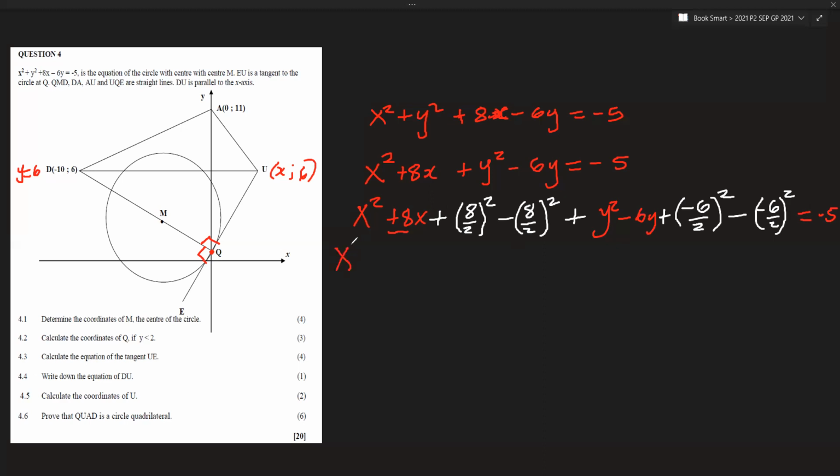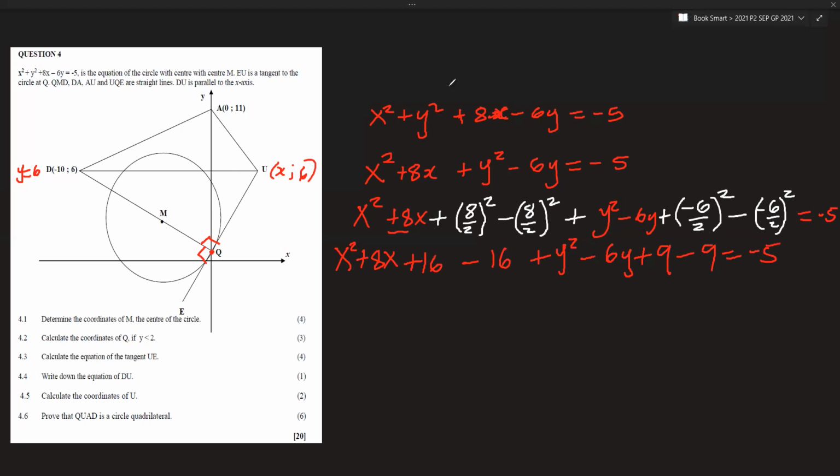From here, we're going to simplify this part. So I have x squared plus 8x. 4 squared is 16, so it's going to be plus 16 minus 16, plus y squared minus 6y. 3 squared gives me 9, so it's plus 9 minus 9 equals -5.